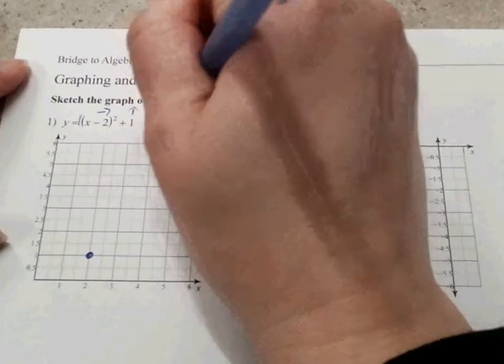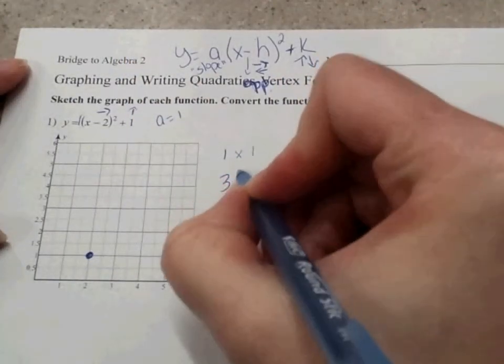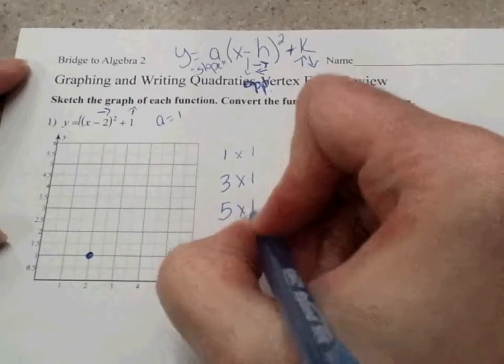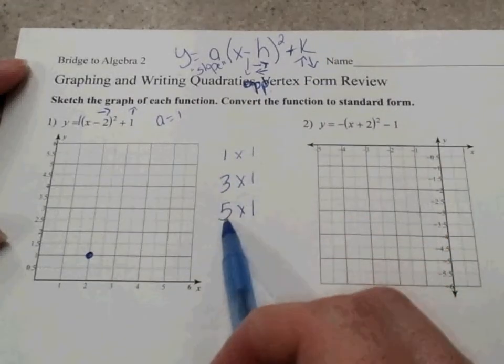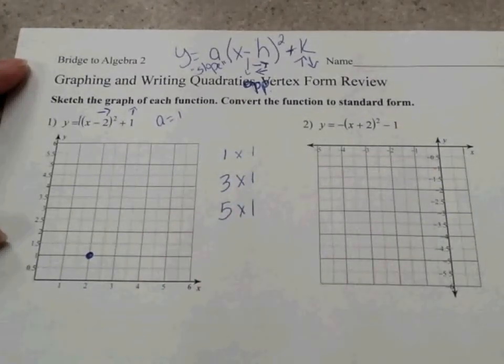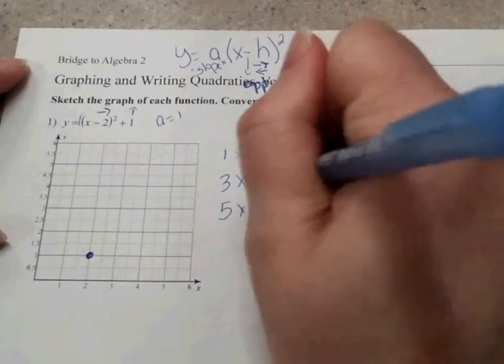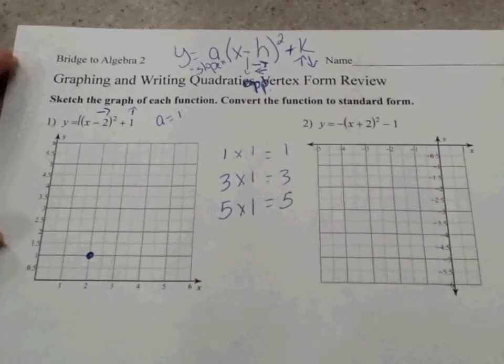So, A equals 1. Okay, that's really important, because that's the number we are timesing by. We're timesing by 1. You always times by A. So 1, 3, 5 are always what we times by, and then whatever A is the other thing we're multiplying by. Well, 1 is particularly easy because it's not going to change the 1, 3, or 5, okay?